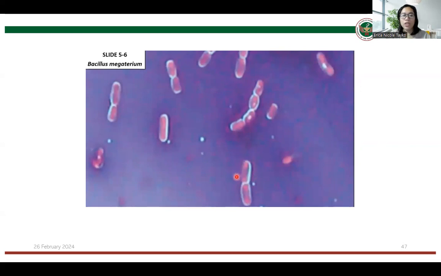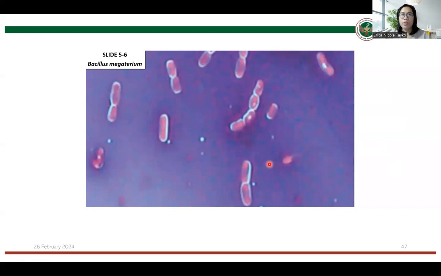So this is actually the reason why we do not apply heat fixing with your bacteria for capsule staining. Kasi again, when we heat the bacteria, there's a possibility na mag-shrink yung cells. So when the cells shrink, there appears to be a parang halo around the bacteria kasi nga nag-shrink siya. So this may come off as a parang false positive capsule.